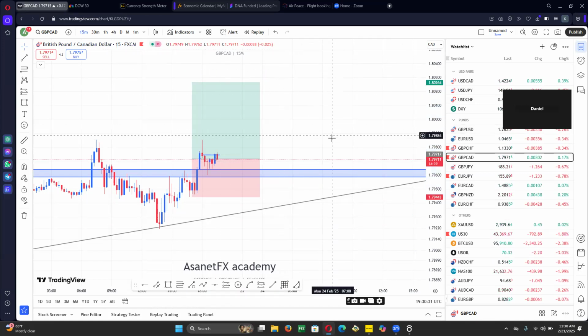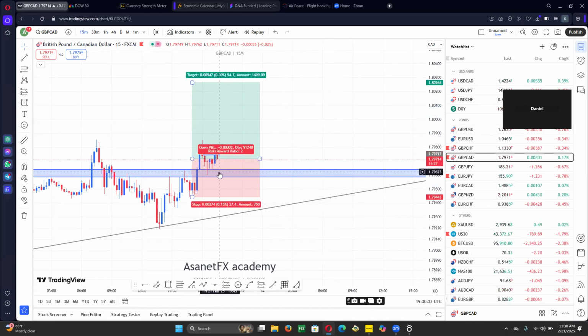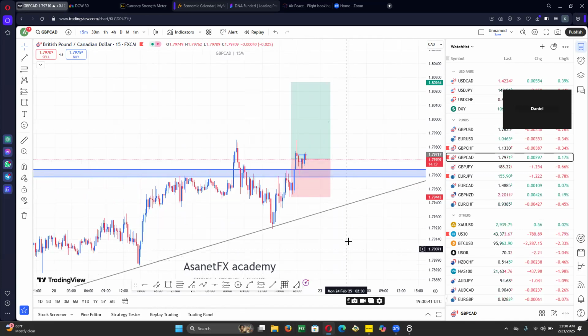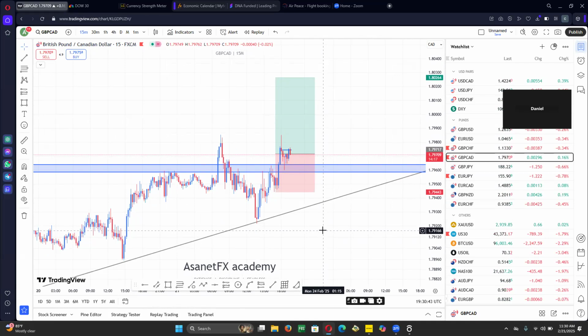If I take this trade, I know the market has closed a bullish candle on 15 minutes. I'm not taking anything now till Monday. So with only a $1,000 account, you would use 0.05, right?